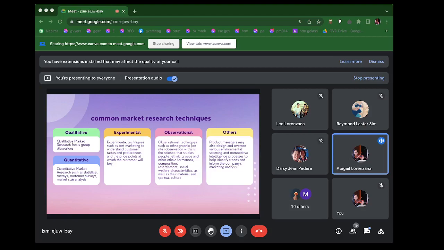And we also have observational techniques such as ethnographic or on-site observation. This is the science that studies people, ethnic groups, and other ethnic formations, composition, resettlement, social welfare characteristics, as well as their material and spiritual culture. For example, in the Midwest in the US, a lot of them want ranch, which is like a mayonnaise for salad.